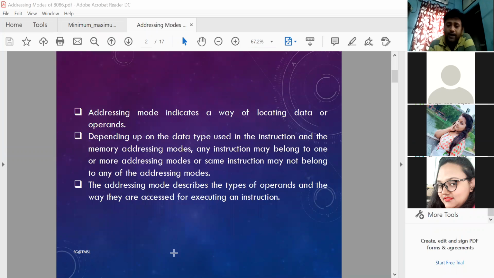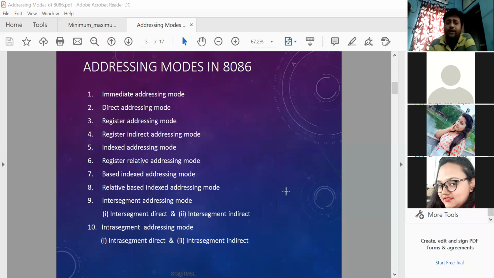The addressing mode describes the type of operands, whether it is immediate, register based, or from indirect memory access, and the way they are accessed for executing an instruction. Now there are different addressing modes present in 8086.